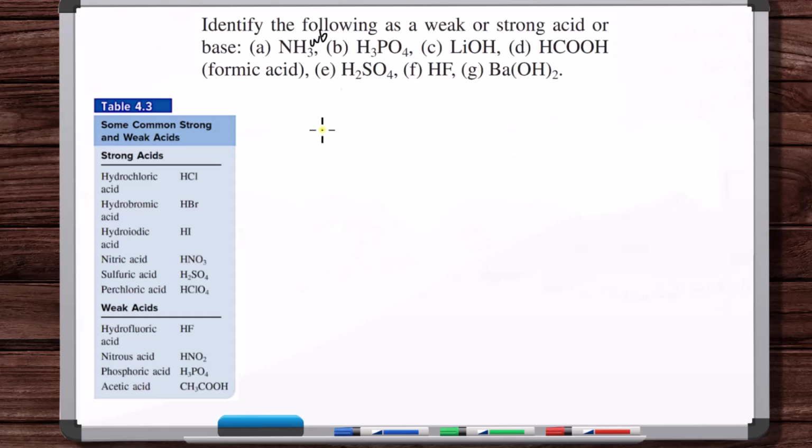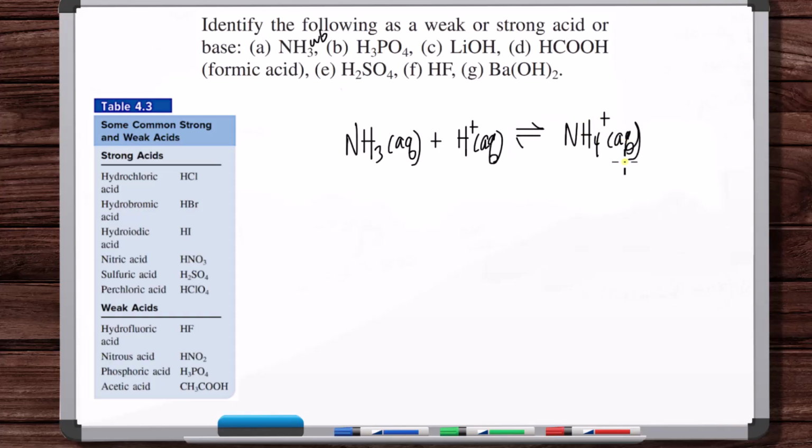So you could write this in one of two ways. You could say NH3 aqueous plus H+ aqueous results in, and this is reversible, so it's a weak process, NH4+ aqueous.